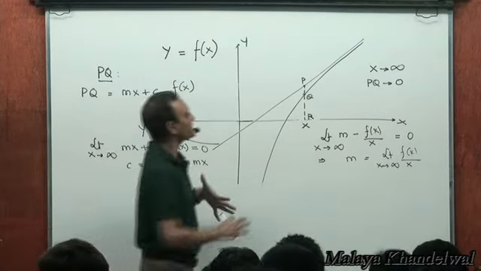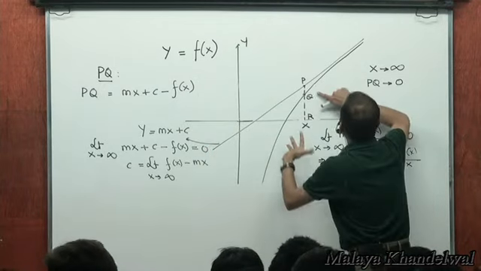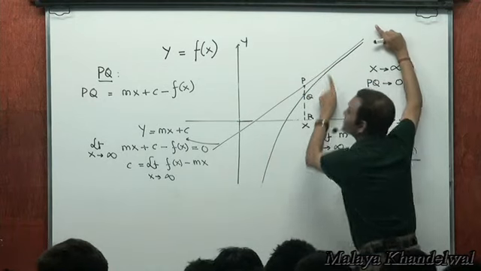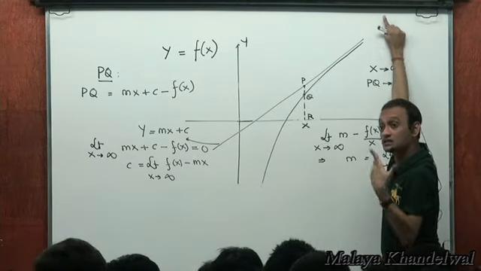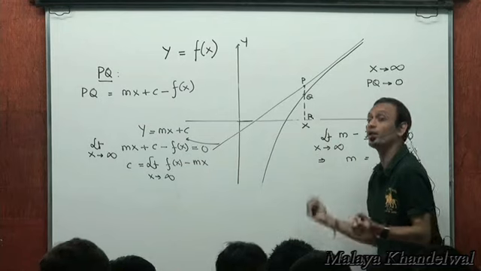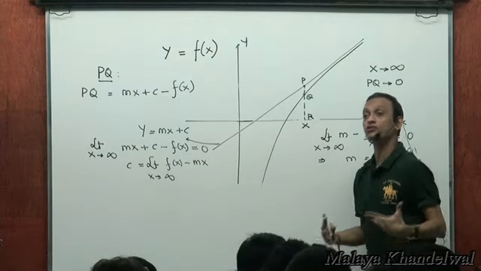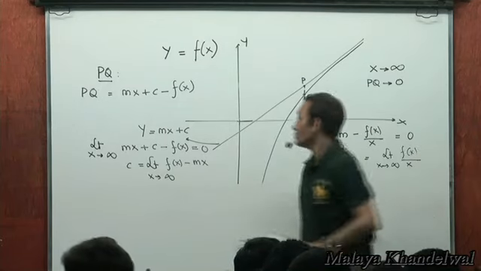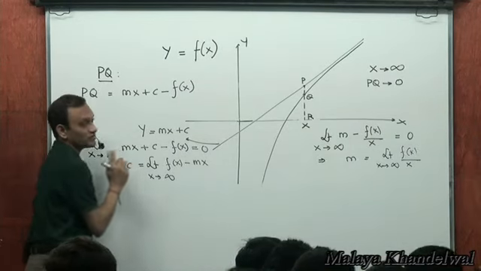Got me? So essentially what really happens is that very far away from the origin, the curve becomes synonymous with the line y equal to mx plus c. That is what is really happening. Then y equal to mx plus c is referred to as an inclined asymptote to the curve. Now, can I wipe this off?